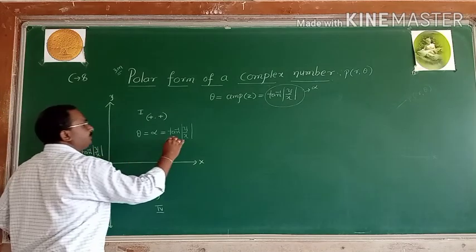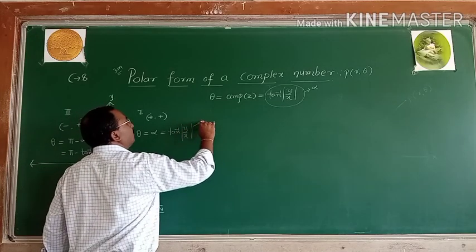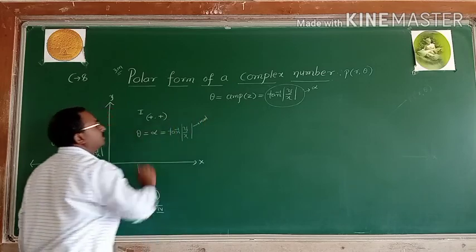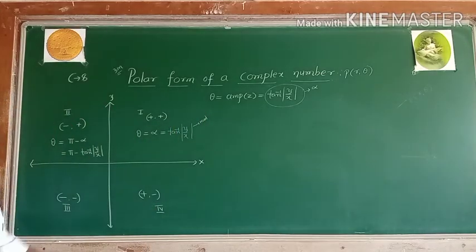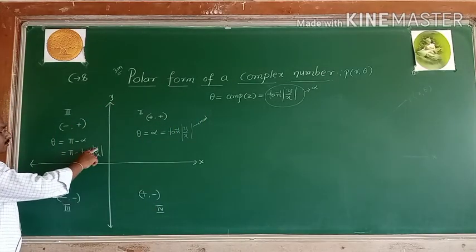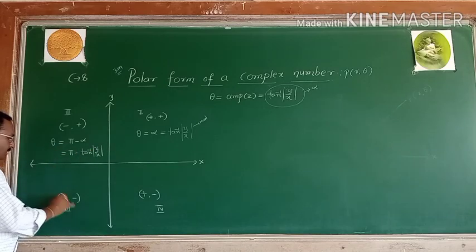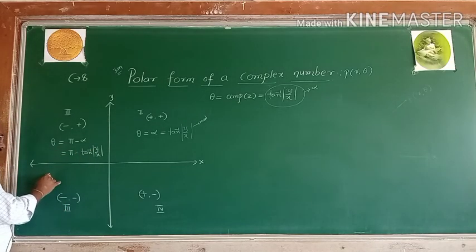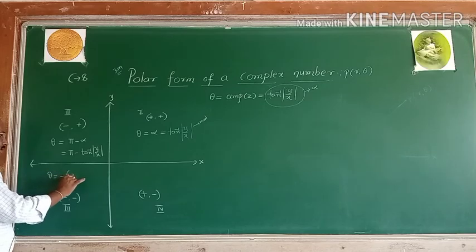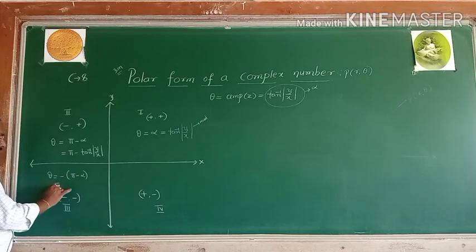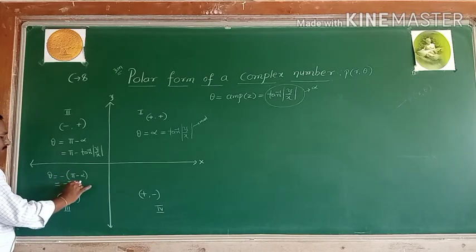This is called the modulus. Understood? Read it as tan inverse y by x and its modulus. In the third quadrant, theta is equal to what? Minus of pi minus alpha. Minus pi, minus minus, plus alpha.